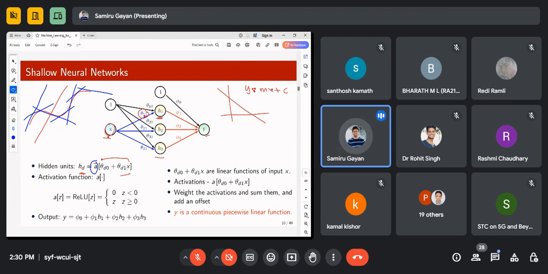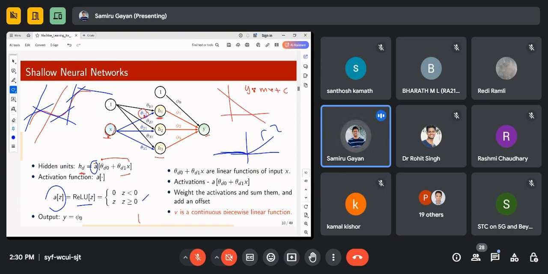What is the most popular nonlinear function we can use these days? It is the ReLU function. There are so many other nonlinear functions, but for convenience of presenting here, I have used the ReLU function. ReLU is simply that if your input is positive, it gives that as the output, and if it is negative, it returns zero.